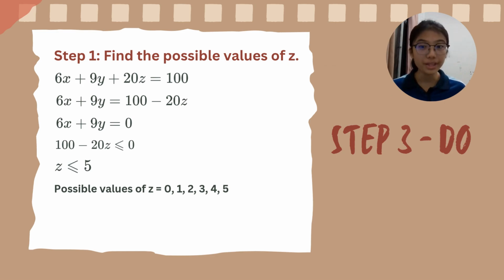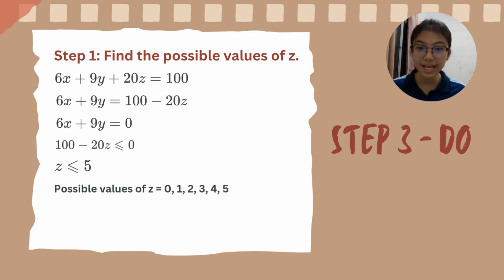And then we write 100 minus 20z is smaller than or equal to 6x plus 9y. Why do we write it like this? Because 20z cannot be larger than 100 minus the capacity of x and y; if z were too large, the number would be infinite. So 100 minus 20z must be smaller than or equal to 6x plus 9y.